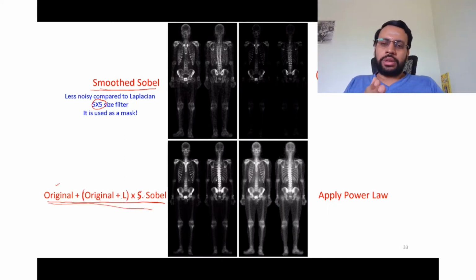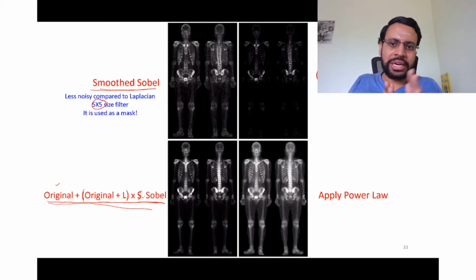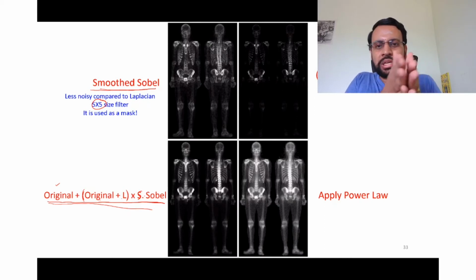On one side, Laplacian is enhancing very well even small changes. Sobel is helping you to get rid of the noisy regions, and you are using both together here, and thereby getting the regions where you have bones or real edges, and then you are adding that to your original image and getting an enhanced image.